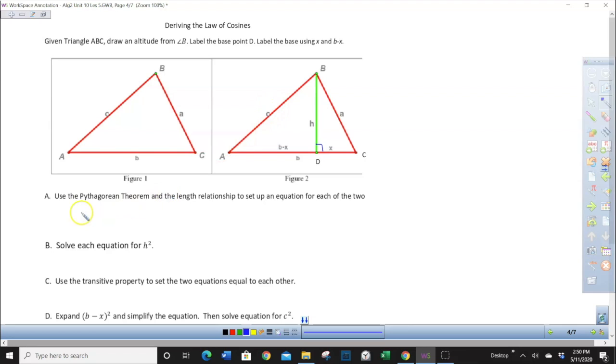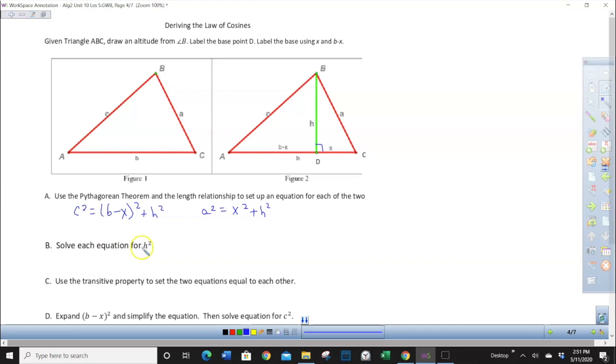So we're going to do c squared, that's the hypotenuse, equals (b minus x) squared plus h squared. That's this triangle. Now we're going to do this triangle, and we're going to say a squared equals x squared plus h squared.